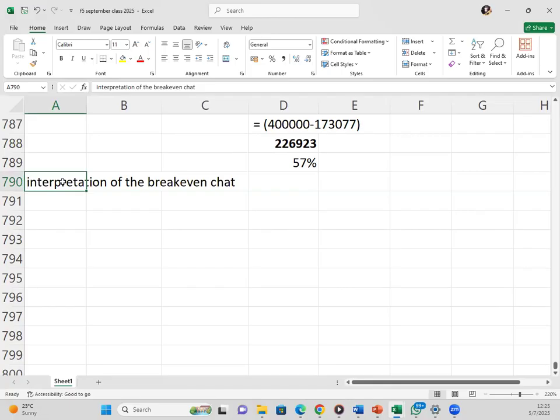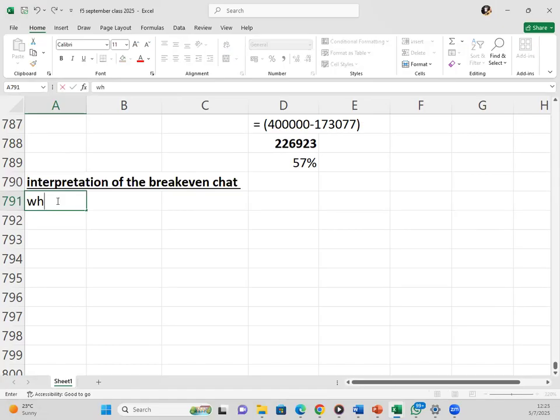If we are looking at the break-even chart, where the total cost line meets the total revenue line, that is the break-even point.